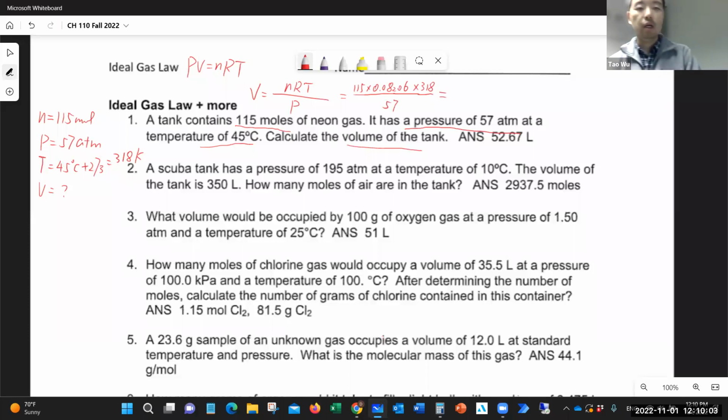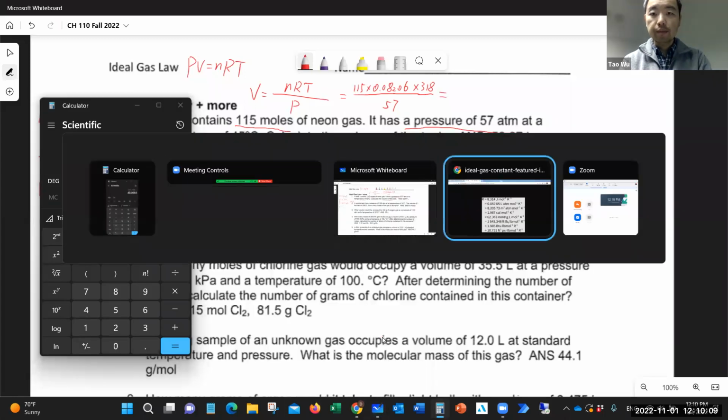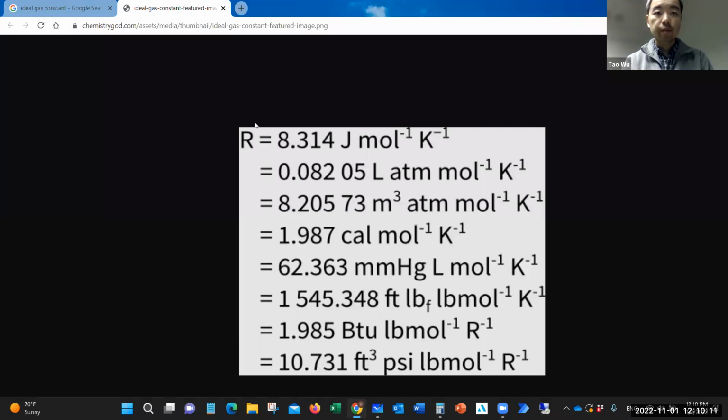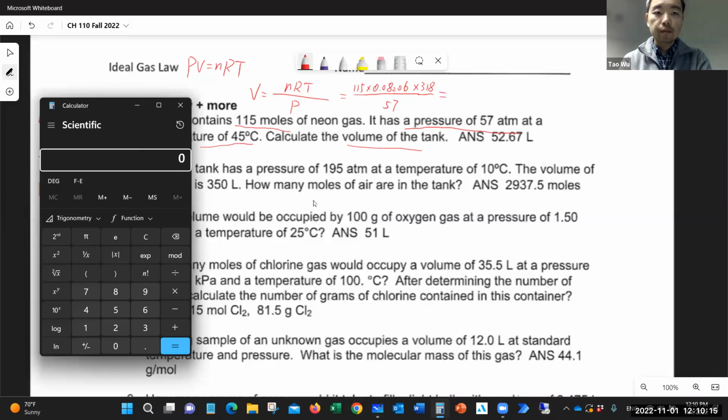Now you can put this in the calculator: 115 times 0.08206 times 318 divided by 57. So we got 52.6.